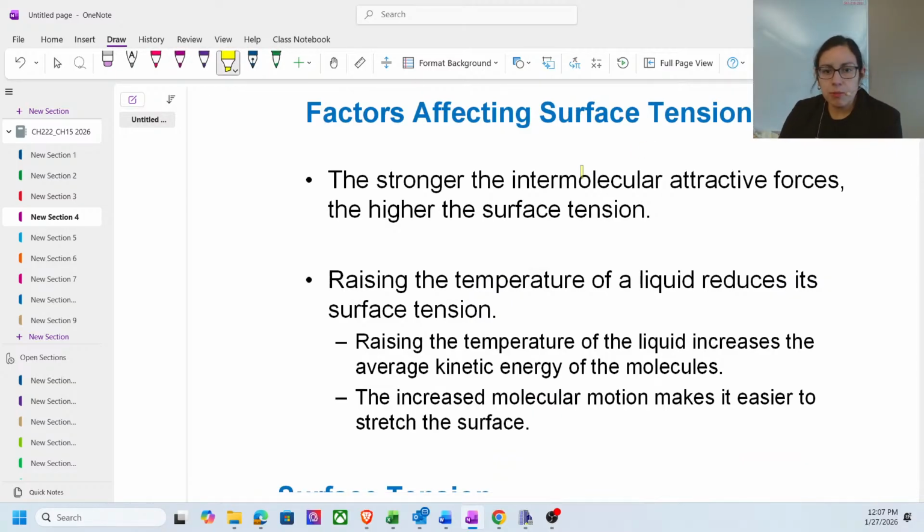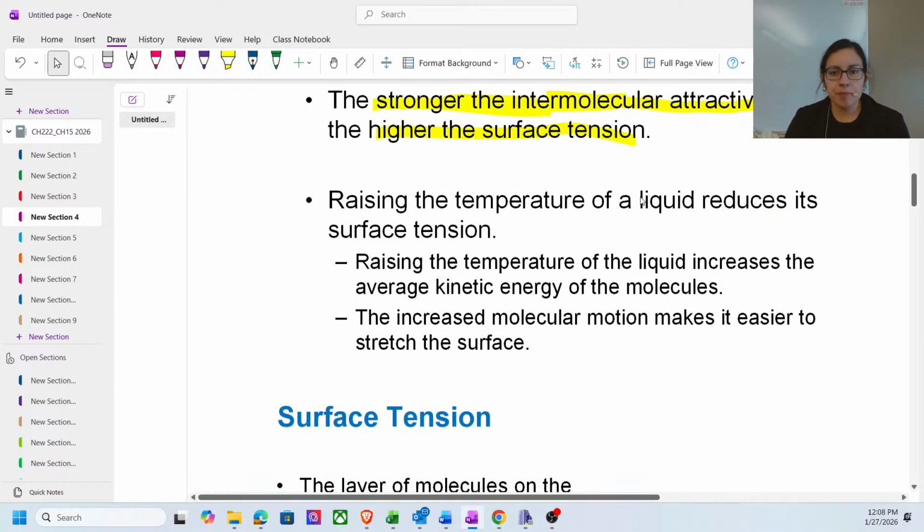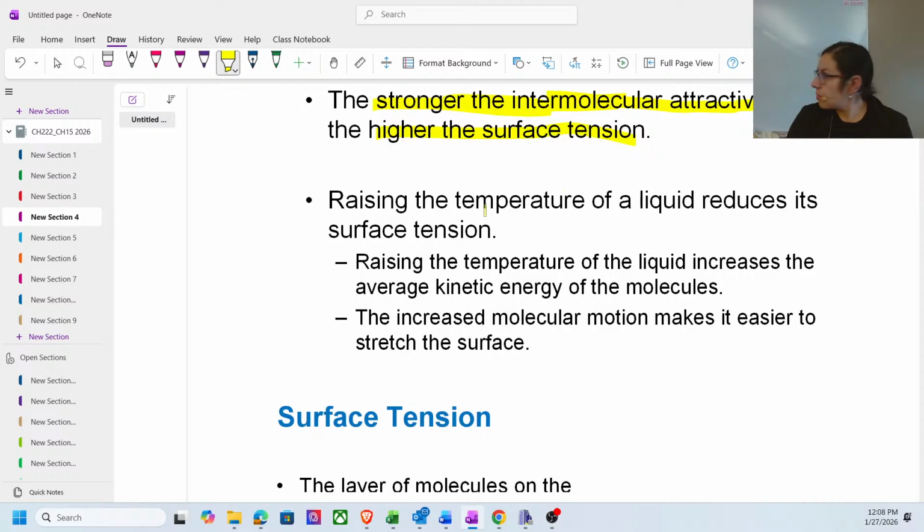And so again, just to re-emphasize this: the stronger the intermolecular forces, the higher the surface tension. Again, that makes sense. And then other things that can influence the surface tension: if you raise the temperature, it reduces the surface tension. And that makes sense, right?